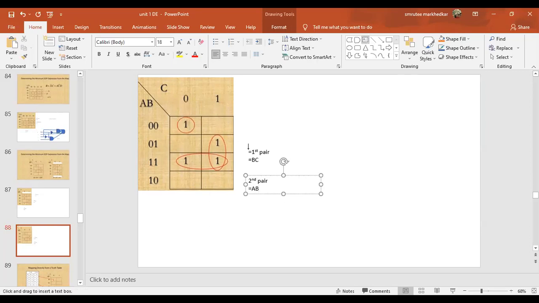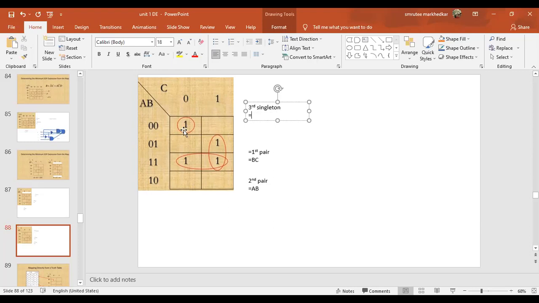So let's go to the third combination. The third combination that we are having is not a pair, it is a singleton. This is a very rare case that we get a single term. Now in that case, we have to see the position of it. That makes it first see AB.